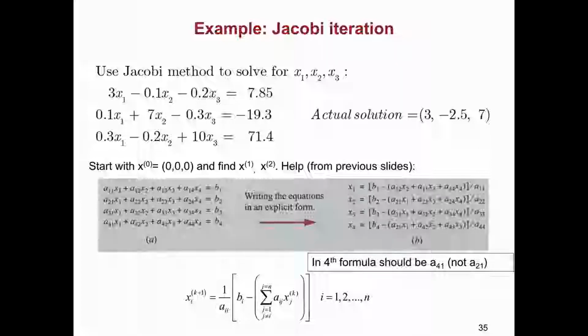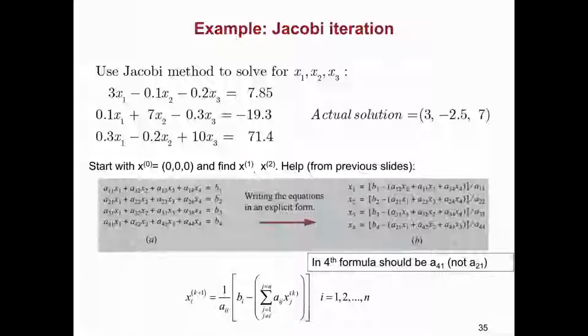And this is just to remind you of these formulas from the previous slide, which were done for a little larger system, but just ignore the fourth one. So rewrite the system in this form: x1 is equal to something, and then for the second one express x2, and for the third one express x3. And use that as a template for iteration.